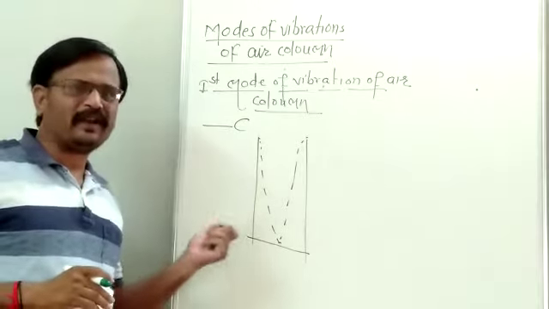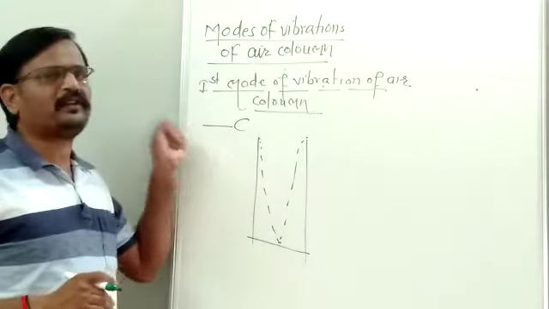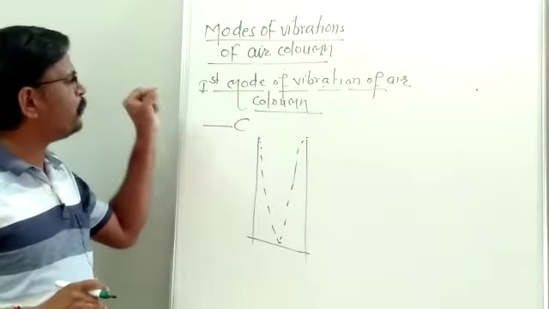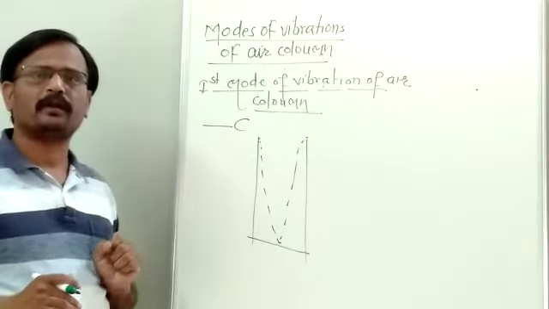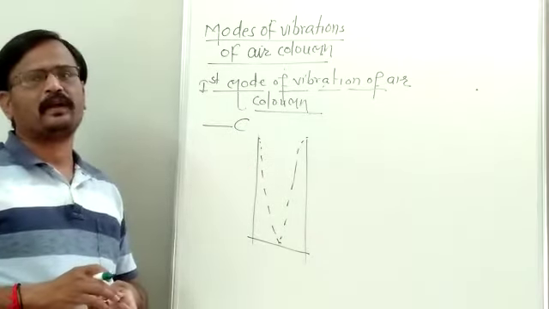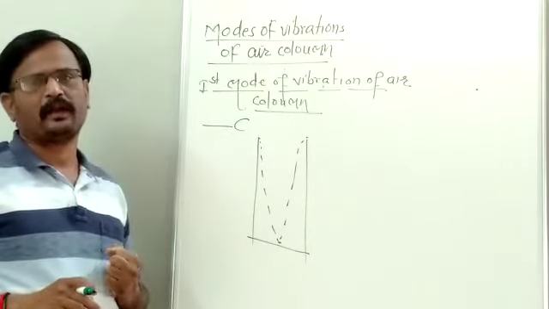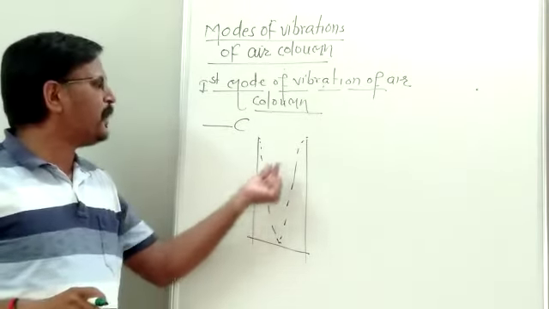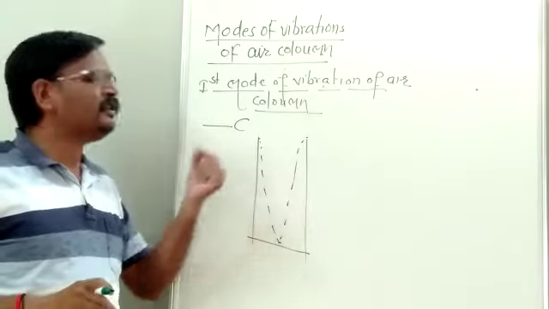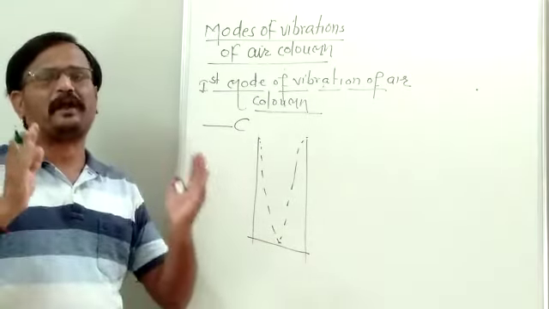Let me say that when the vibrating tuning fork is held horizontally near the open end of the pipe, a longitudinal wave enters inside the pipe. It gets reflected at the closed end of the pipe, and hence the incident wave and reflected wave interfere with each other and form a stationary wave inside the pipe.